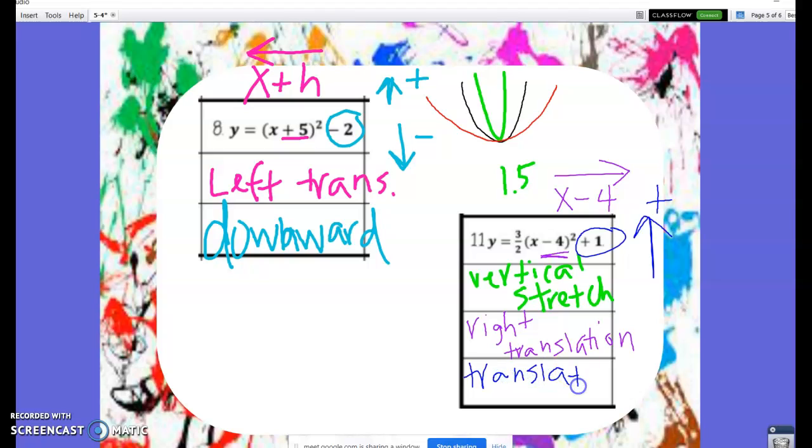I don't have that document open at the moment, but it says something upwards. I do remember that. So you're just going to drag those choices over to number 11. And the order doesn't matter. So if you have vertical stretch at the bottom and translation upwards at the top, I'm not going to care about that when I'm grading it. So don't stress.